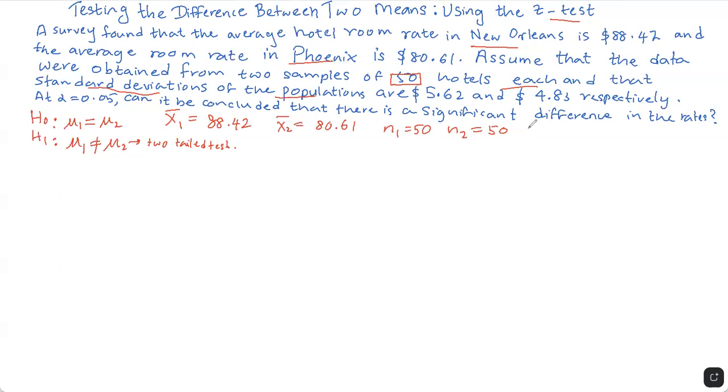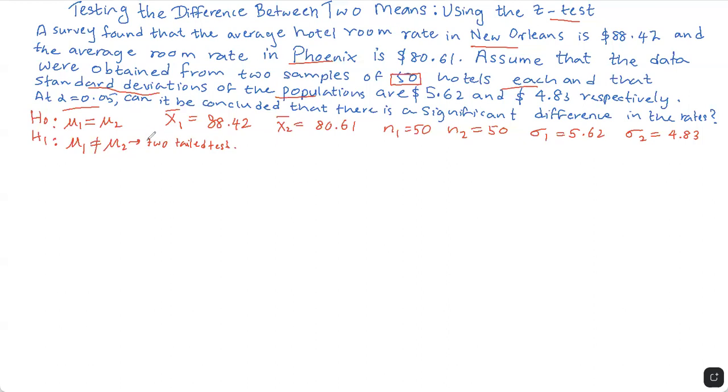The first population standard deviation, which is sigma 1, equals 5.62, and the second population standard deviation is 4.83. Now, alpha is 0.05. So these are the information we have here.